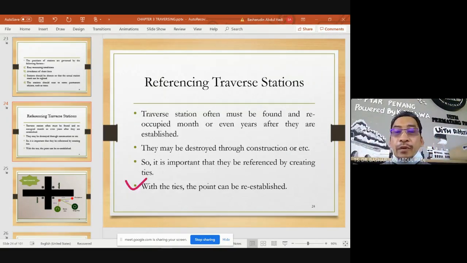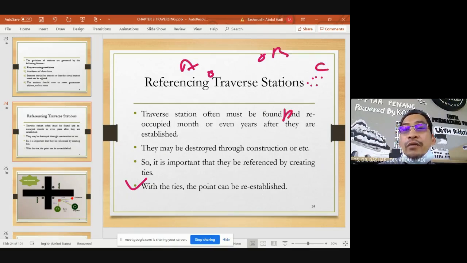So the last one, we draw first. With the tie, the point can be re-established. Something like this: you have point A, point B, point C you miss out, for example. You miss C, and you have D and E. So you can connect this one.